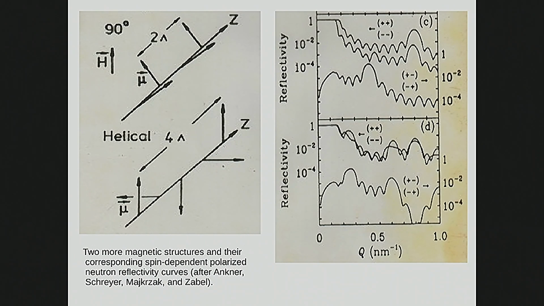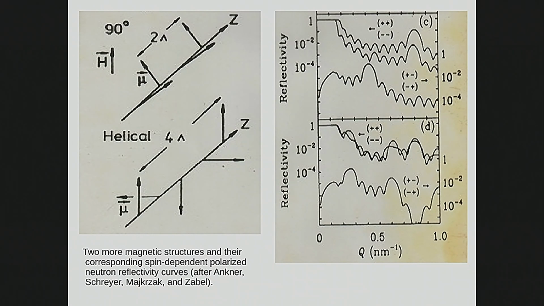So now, if you look at the non-spin flip scattering, which involves the interference of the nuclear and the magnetic parts, you get another peak here at the nuclear cell position. Okay, so that's spin up, spin down. They both scatter, one more strongly than the other, but they're both there. But again, the projections of this structure on the horizontal plane here give rise only to spin flip scattering. It's purely magnetic, and again, it still has the characteristic double unit cell.